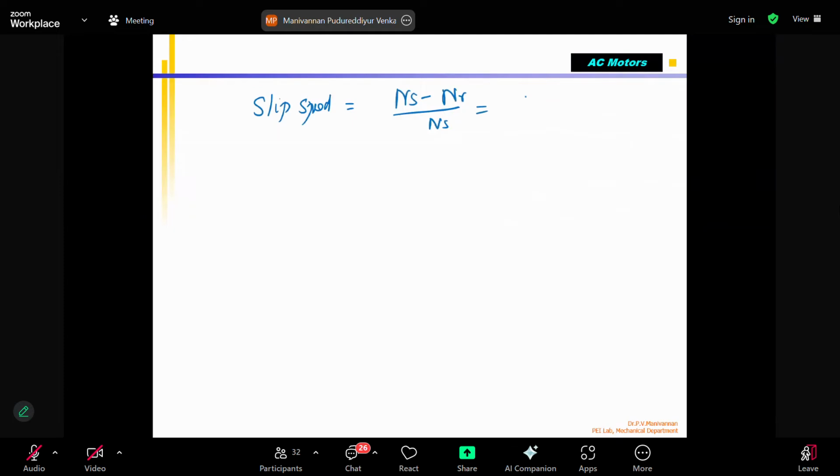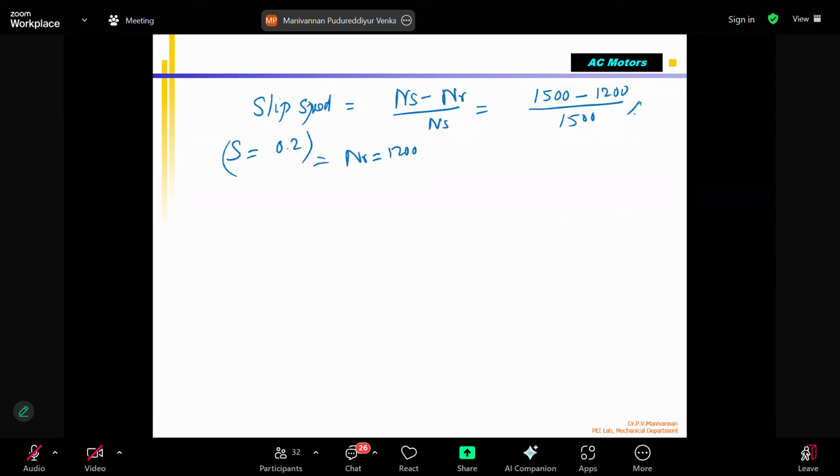So we say that NS is 1500, and for slip equal to 0.2, we know that NR equals 1200, as we just computed. So that means 1200 divided by 1500. Then you will get the value, whatever value you can compute.